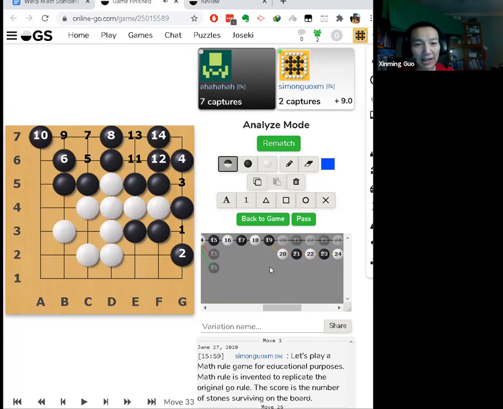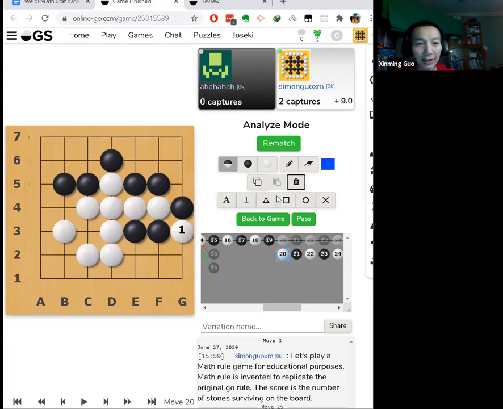So looks like every cutting point is safe, but let's see what will happen. Okay, in the real game, white plays here, and then black plays here. Does that make sense? Yes, both make sense. And then where do you think white will play?